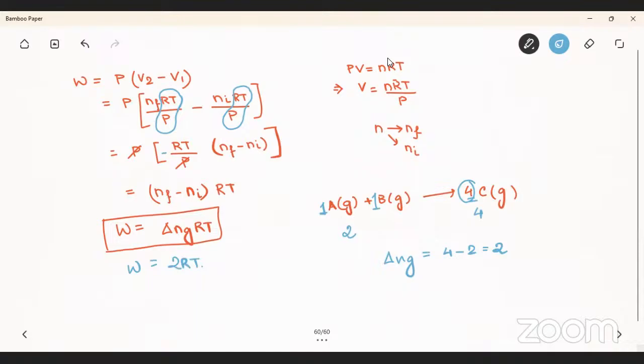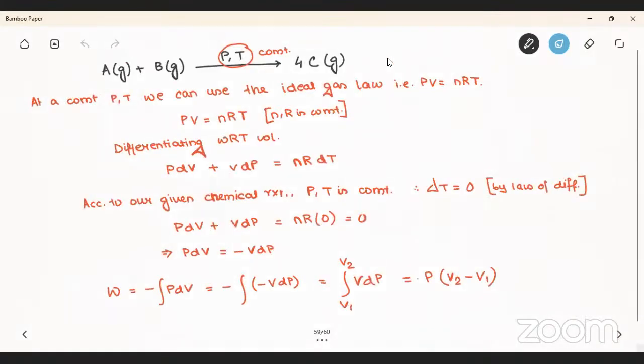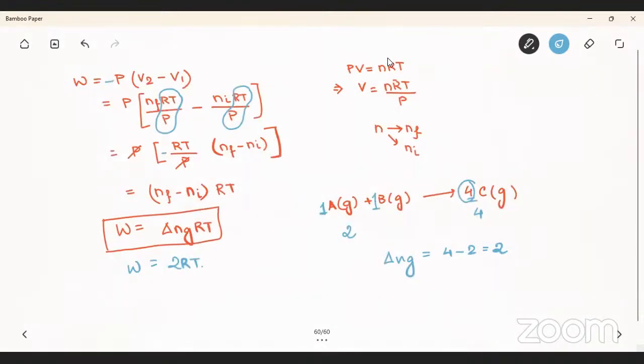This becomes your final equation. Is this part clear? You will see a negative sign here after integration. I have forgotten to add it.